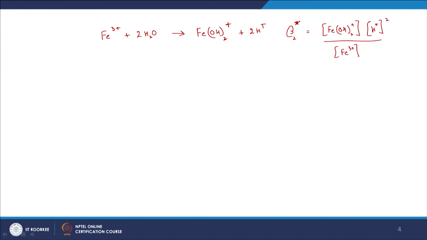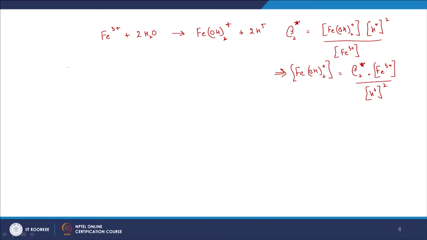So the concentration of FeOH twice plus is equal to beta 2 star times Fe3+ divided by H+ squared. Similarly I can get the relevant equations for the other complexes. Here I am just trying to refresh your memory and get your neurons flowing.